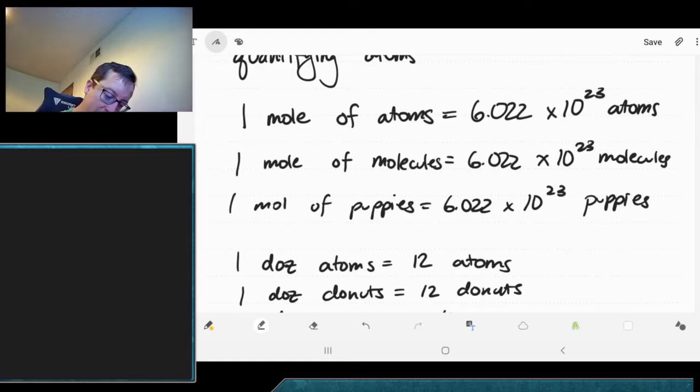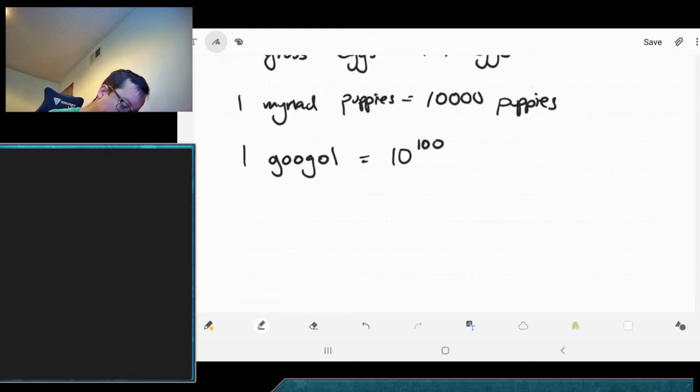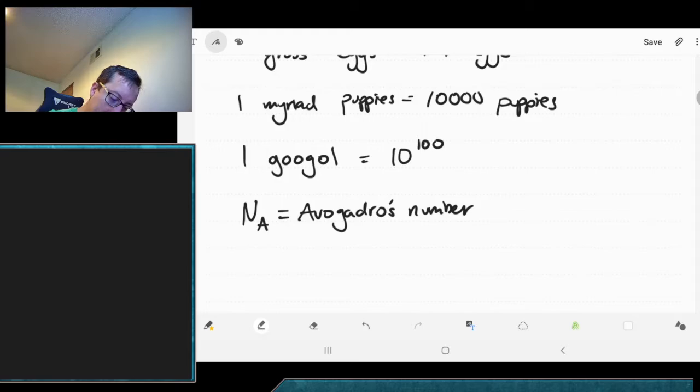We call that number, by the way, we have a name for it. It's abbreviated capital N sub capital A. We call this Avogadro's number, after the scientist who worked with it, and that is this number here.